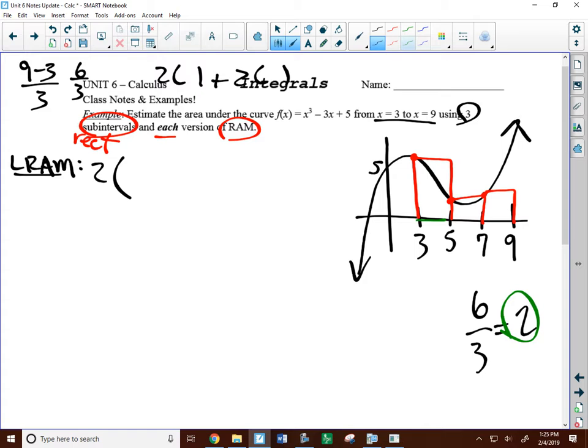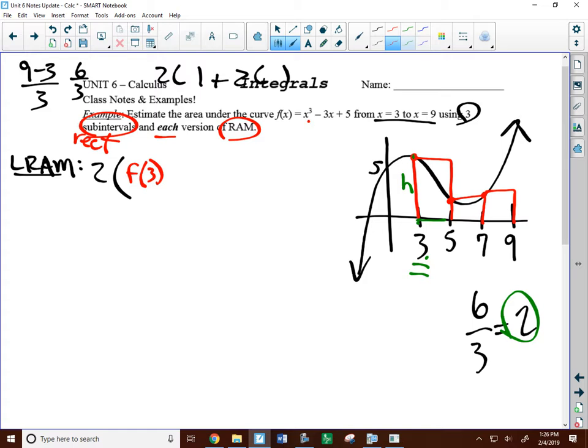Okay, now I got 3 rectangles, left RAM. So I need the height. Here's going to be the height for my first rectangle. It's the y value at 3. When x is 3, it's the height, the y value. So I'm going to put in, on this one, f of 3 for now.